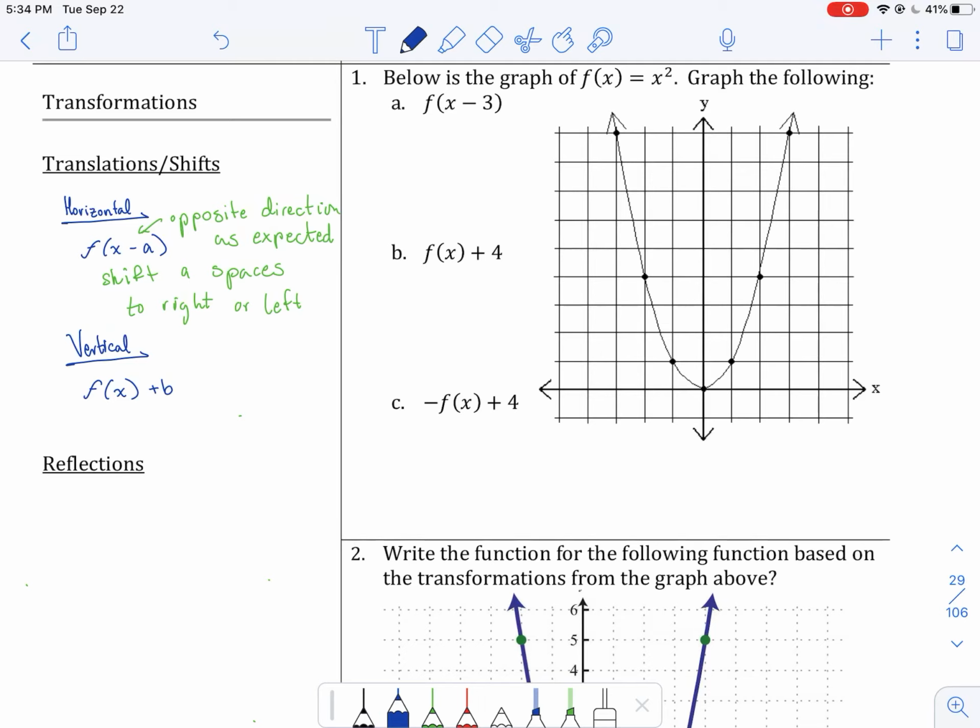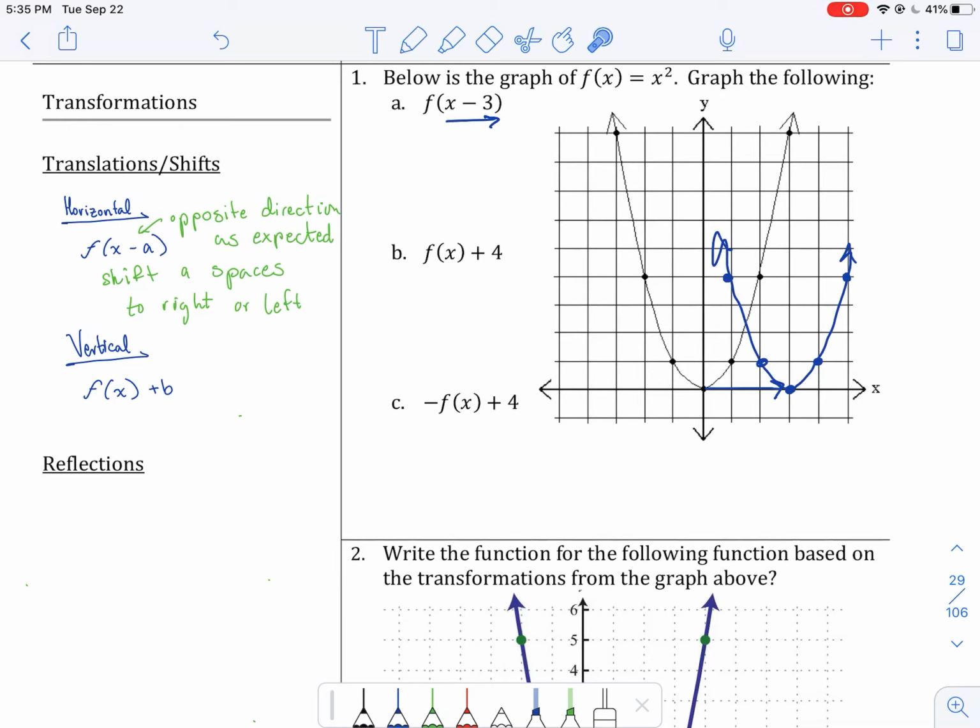So if I wanted to graph A, that is a horizontal shift, 3 spaces in the positive direction. So I'm going to take every point on this graph and just move it 3 spaces to graph A. So there's 1 point, 2 points. If I want to graph the other ones, they would all be here, and it's still, whoop, that one's slightly wrong. It's still graphing a parabola just 3 spaces to the right.